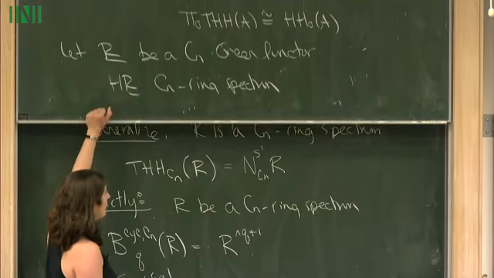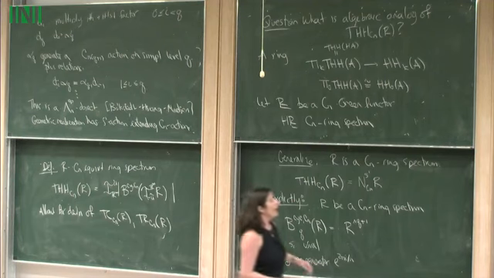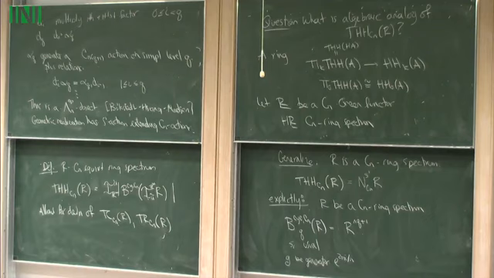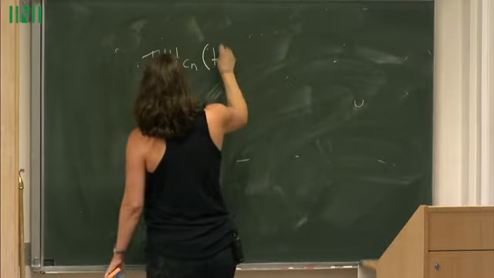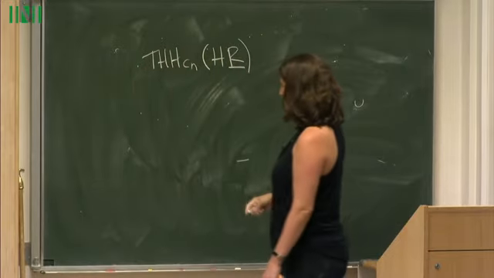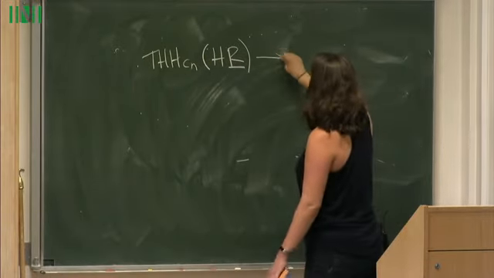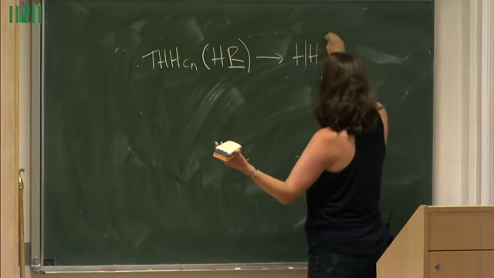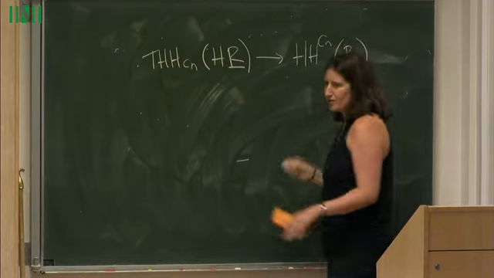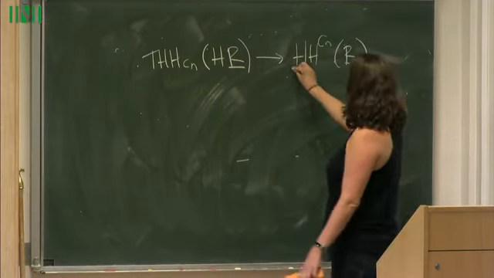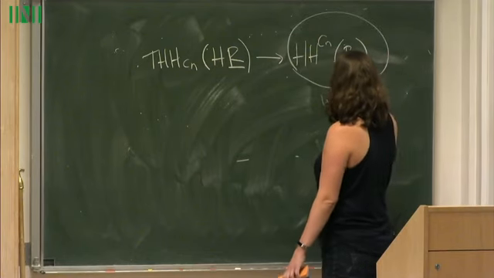And so something that would convince me that I have the right algebraic analog would be if I have a linearization map from the Cn relative THH of the Eilenberg-MacLane spectrum of R, so that makes sense, to some kind of Hochschild homology, Cn Hochschild homology of the Green functor R. And this is where now the question is, what is this?